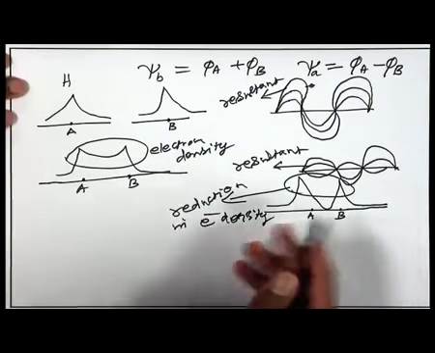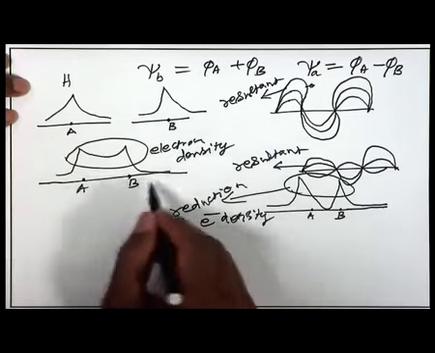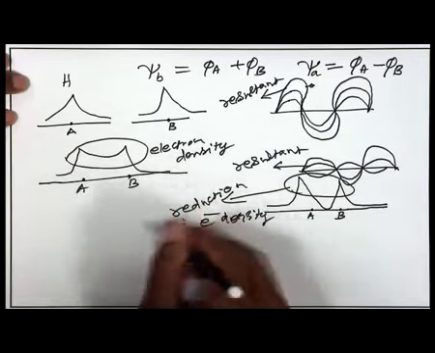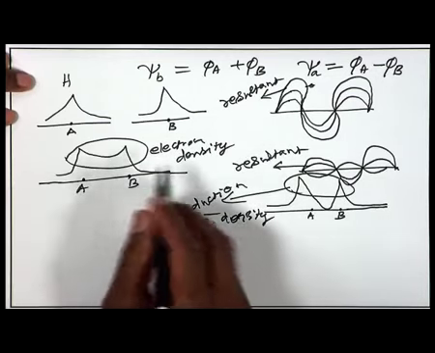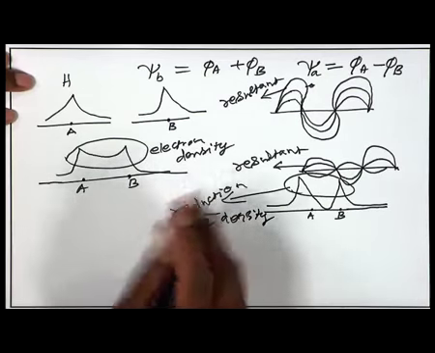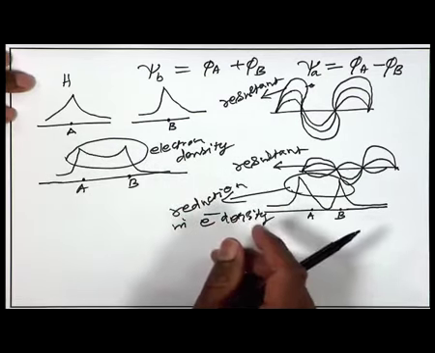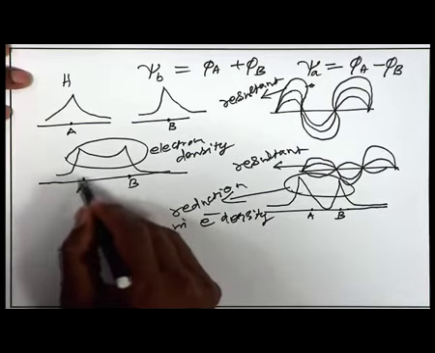In other words, the wave function of atom A and the wave function of atom B reinforce each other, that is, they strengthen each other between them. As a result, there is a buildup of electron density between them. What will happen if there is a buildup of electron density? The electrons are attracted by this nucleus.